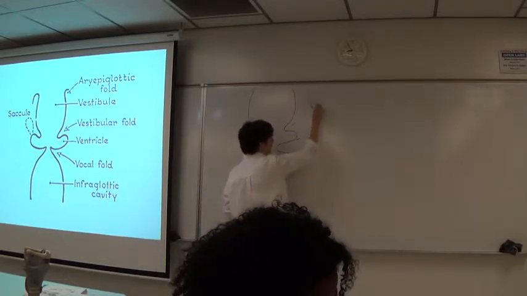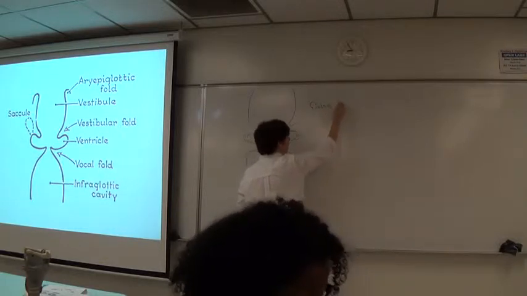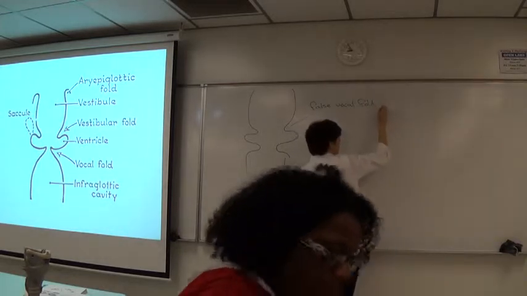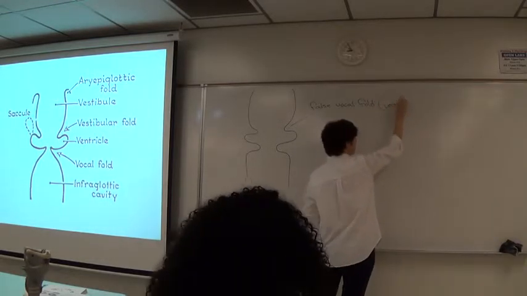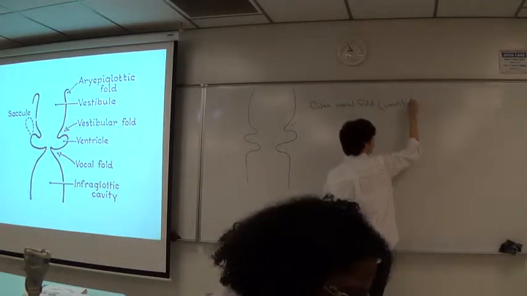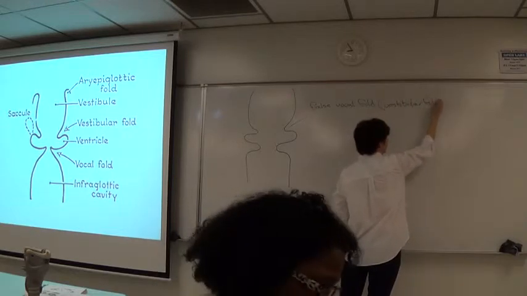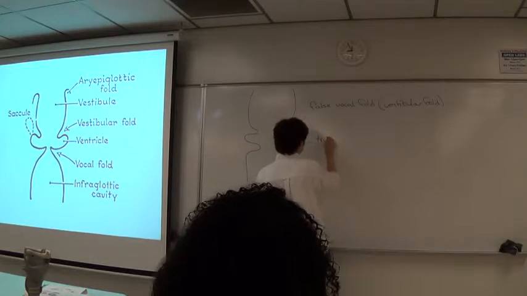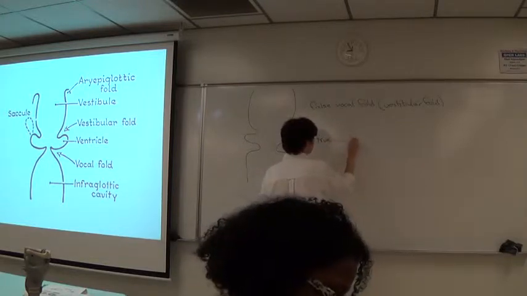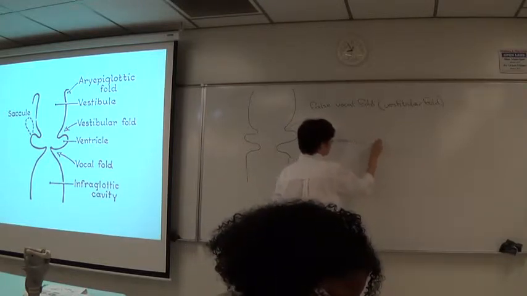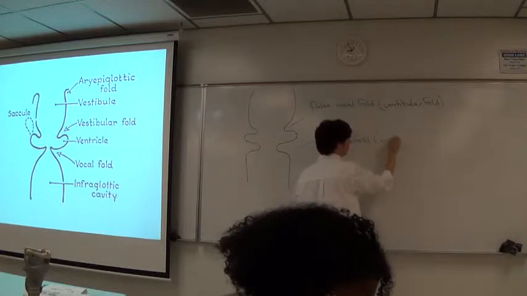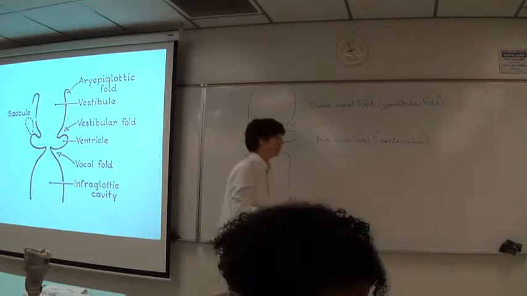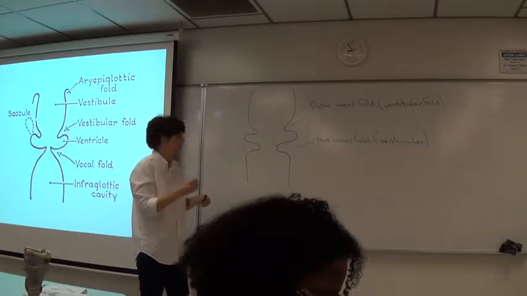So this is the false vocal fold. The fold means it includes the ligament and the mucous membrane over it.